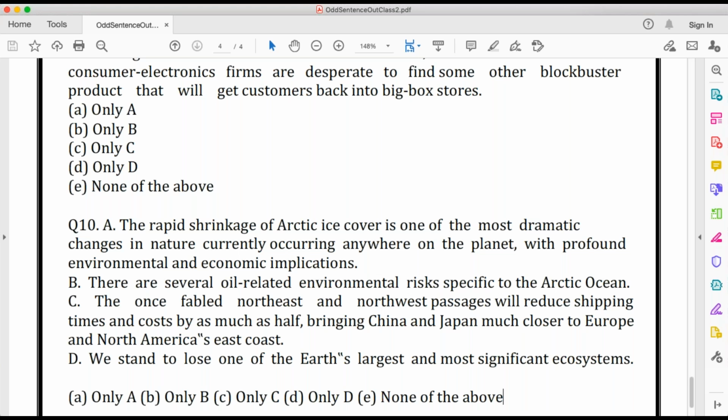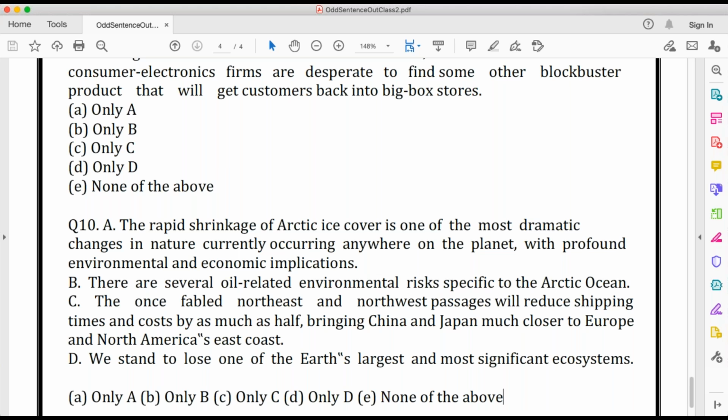So, now after having solved 25 questions of odd sentence out in this session plus the previous session, do you all believe that odd sentence out is a relatively easier picking in the examination? You will get around 2 questions on an average as per the past trends in your examination, especially if we talk about CAT or IPM. At least 2 questions.